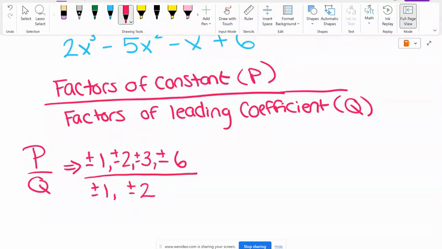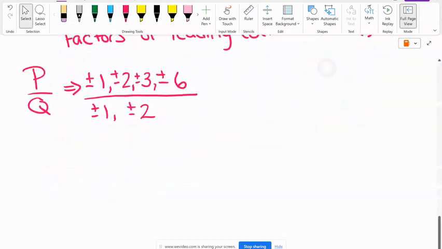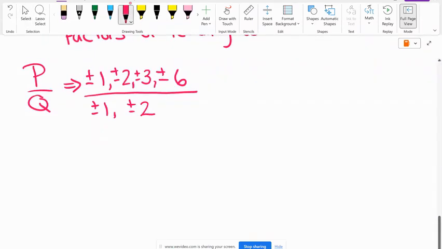Now what we do is we pair every numerator with every denominator to get our running list. So our running list is going to be plus minus 1 over 1, right? Pair the top with the bottom. But then it's also going to be plus minus 1 over 2.